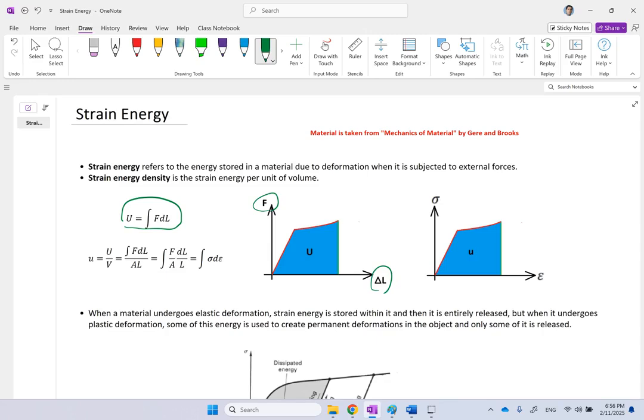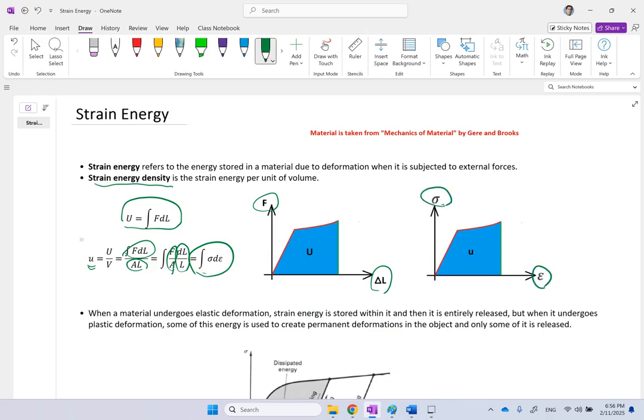Now, the strain energy density is that energy per volume. So if I divide the integral of F dL by volume and assume this is a prismatic object, A times L, then F over A is sigma and dL over L is epsilon. So the strain energy density is the area under the curve of stress versus strain.